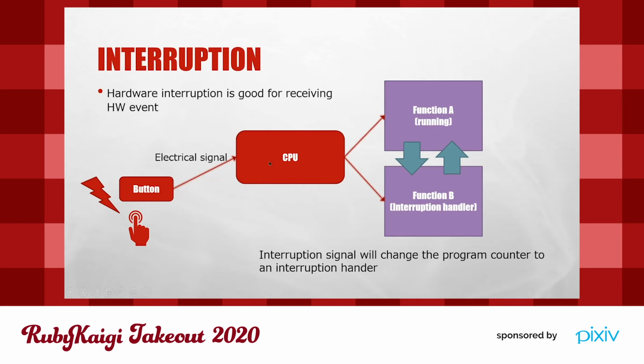When the CPU receives the signal, the CPU changes the program counter from the main running program to the interruption handler. This is done by the CPU automatically. The user doesn't need to consider the switch. Also, it's very fast.